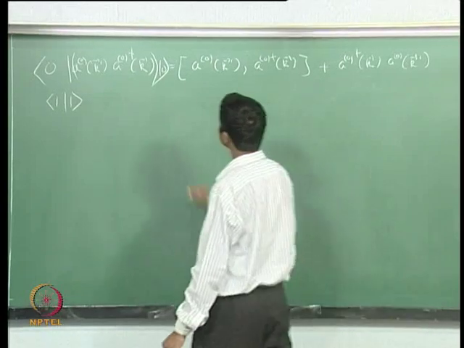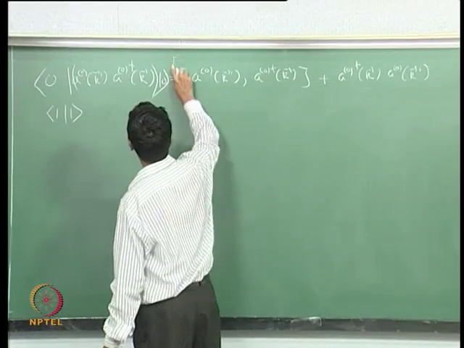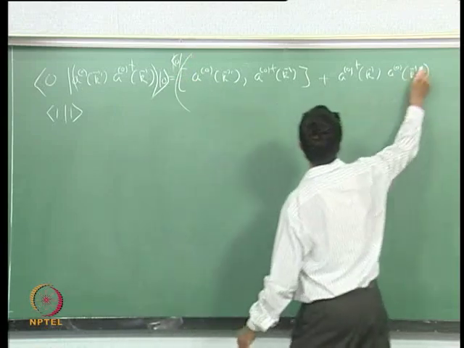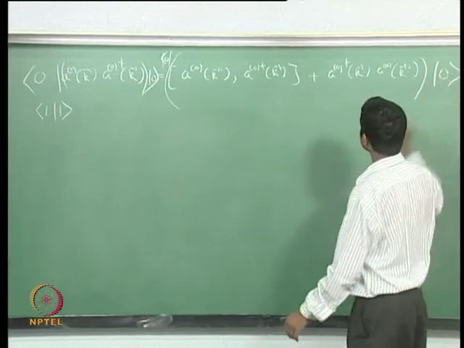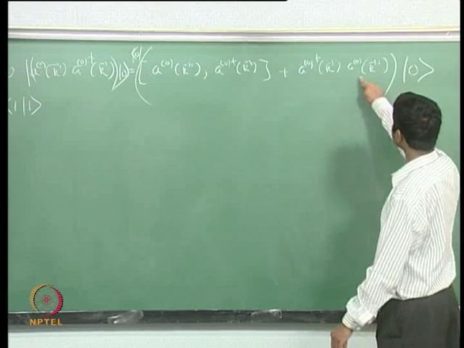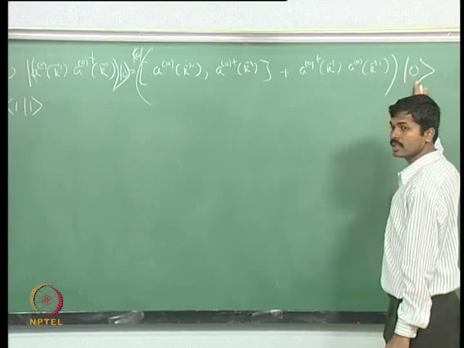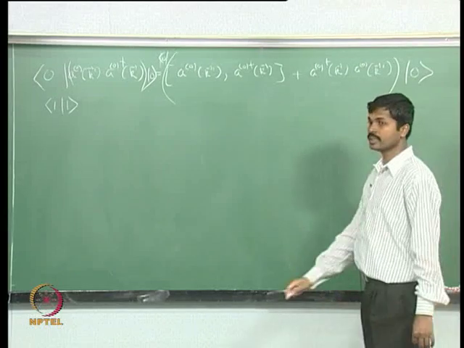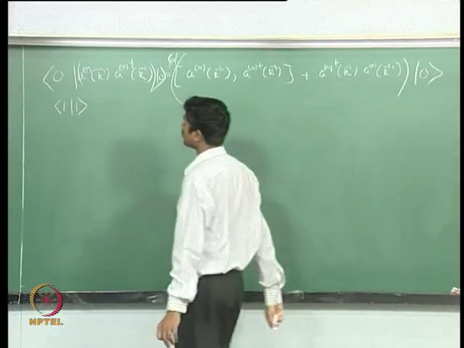So therefore, you have a vacuum here and there is a ground state acting, and this is an annihilation operator. It will just, when acting on the ground state, give you a 0. So this term vanishes.